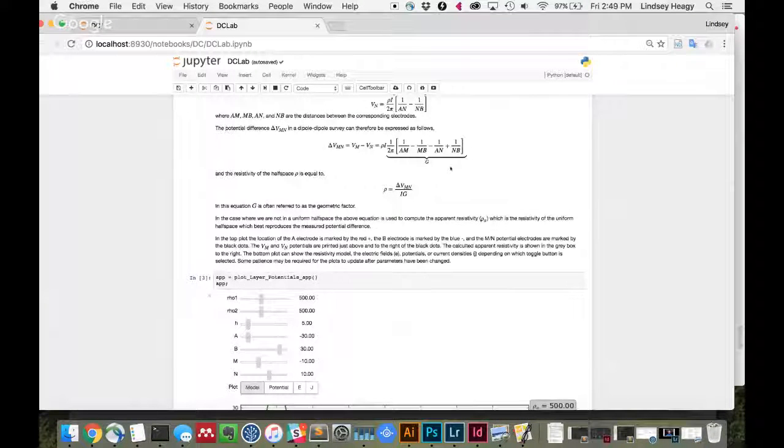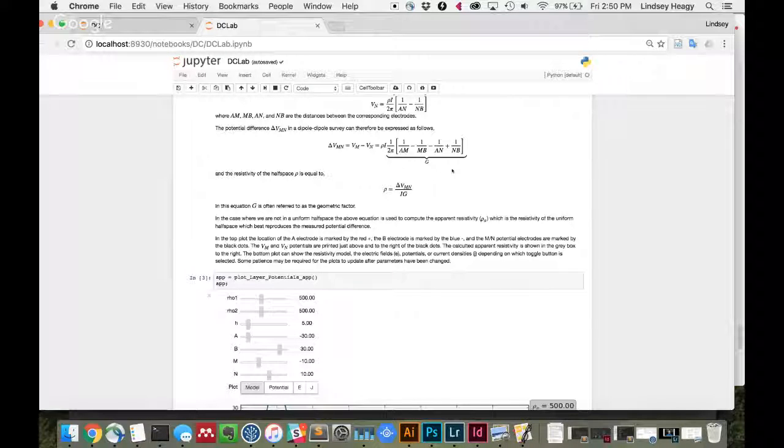So I could reformulate this into a different formulation. I could just say, I'm going to solve for rho on this side, divide by I. I'm going to call all of this stuff G, and then here's my measurement. So in the end, I'm going to measure this delta V. I know G, that's just a whole bunch of length scales.